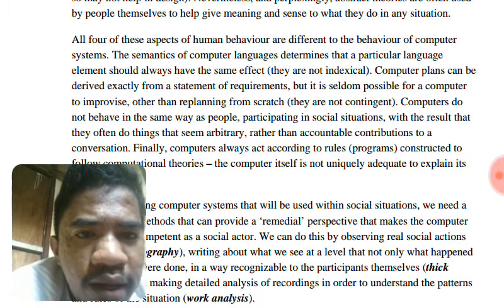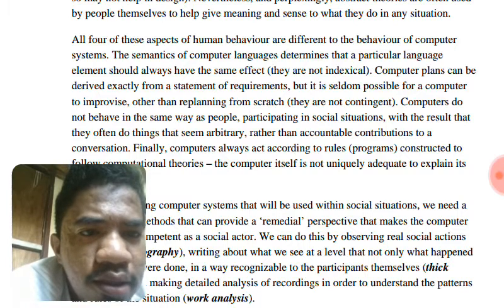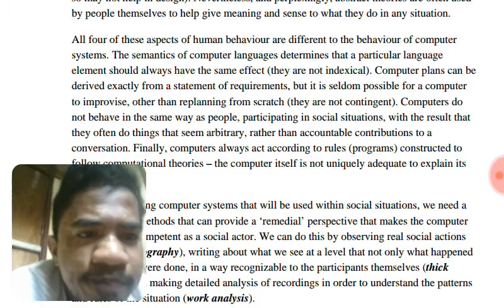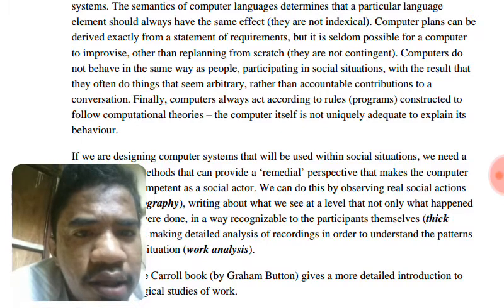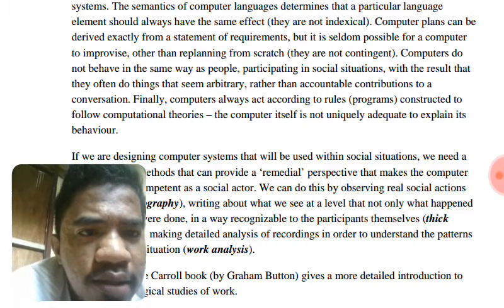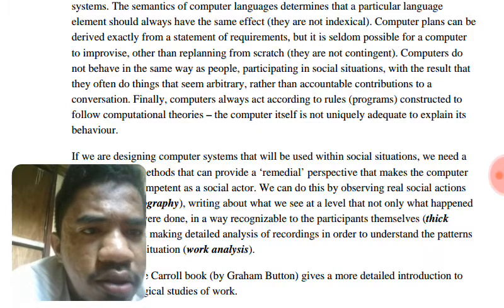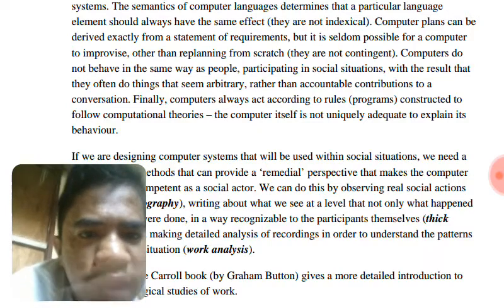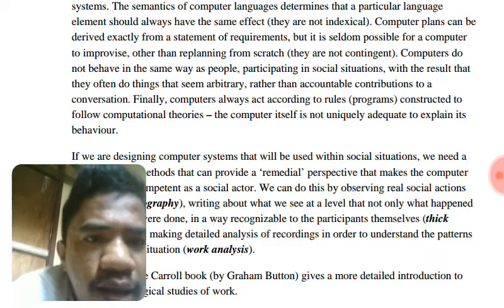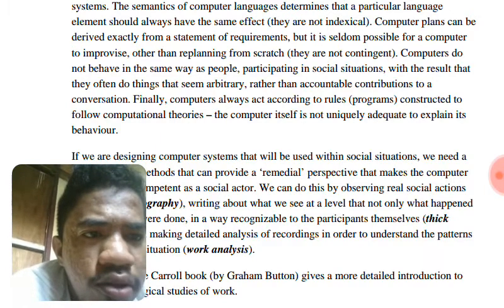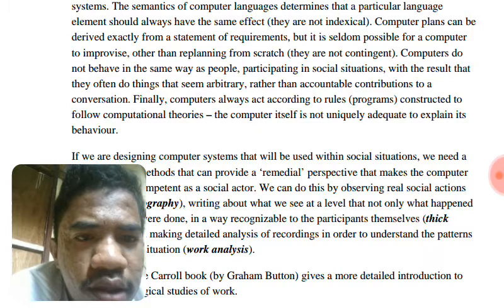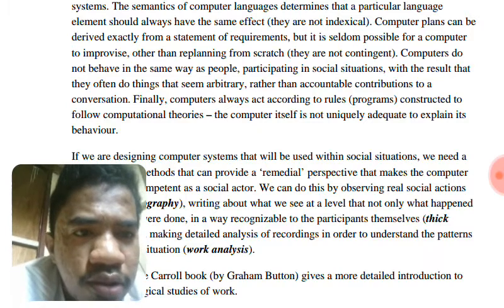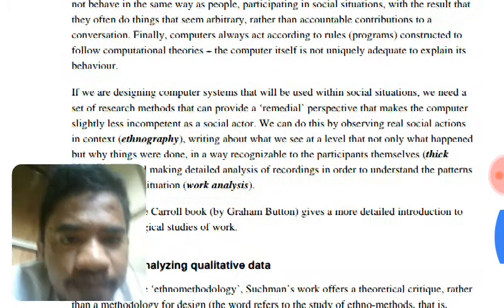Computers do not behave in the same way as people participating in social situations, with the result that they often do things that seem arbitrary rather than an accountable contribution to a conversation. Finally, computers always act according to rules programmed, constructed following computation theories. The computer itself is not uniquely adequate to explain its behavior.